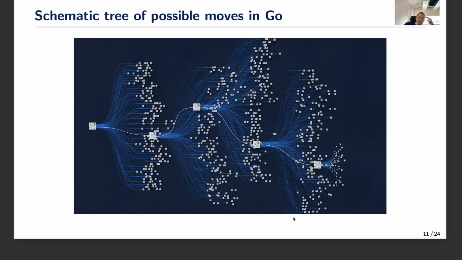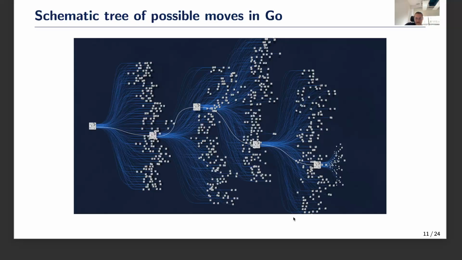So after just a few moves, we are branching into hundreds, then thousands, then millions, then billions of possibilities. That's what we call a combinatorial explosion. In chess, the branching factor is about 35.